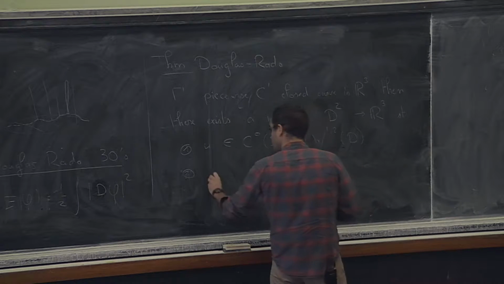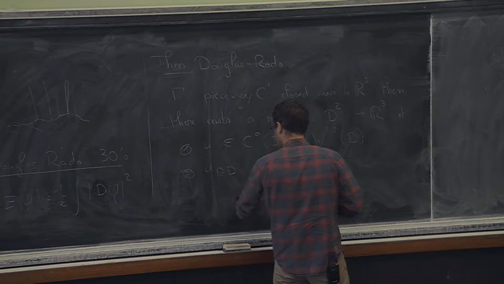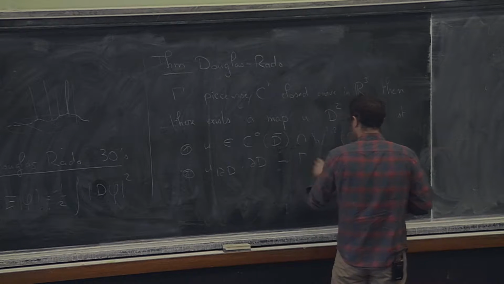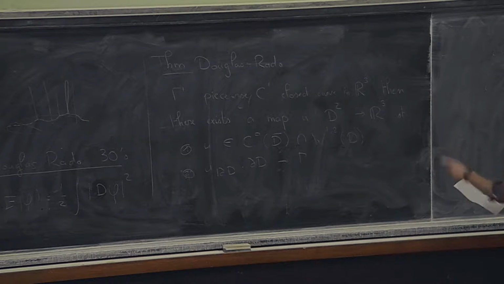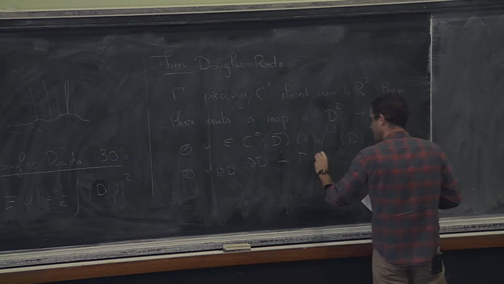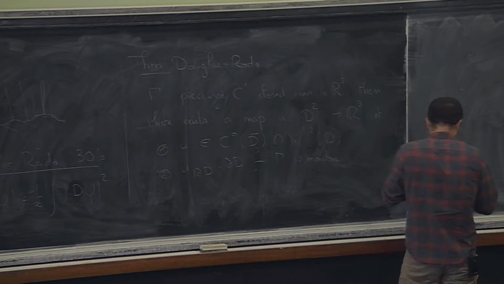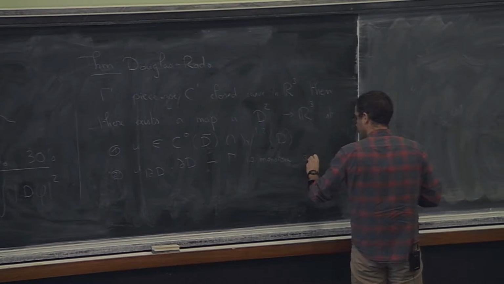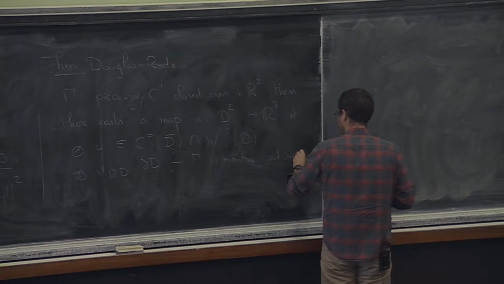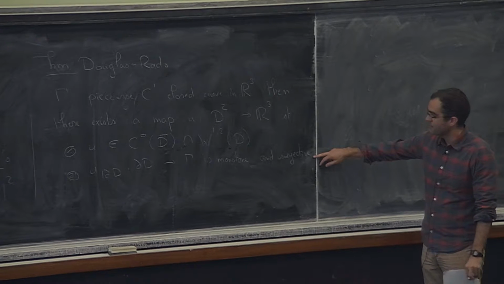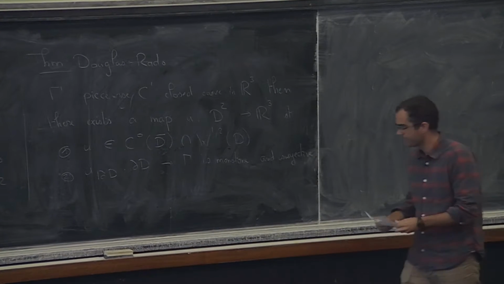Okay, the thing that you know is that on the boundary of D, you have a parametrization of the curve gamma, so it's monotone and surjective. So the map U gives you a parametrization of the curve gamma.